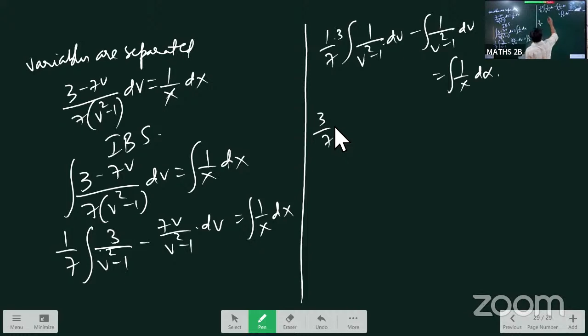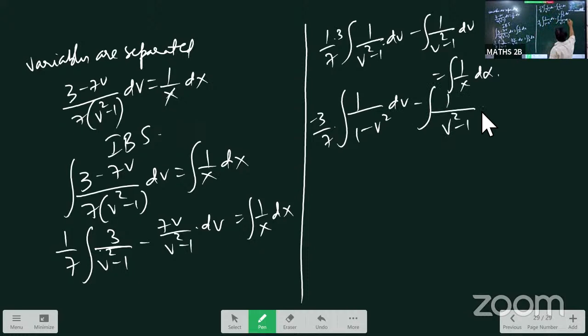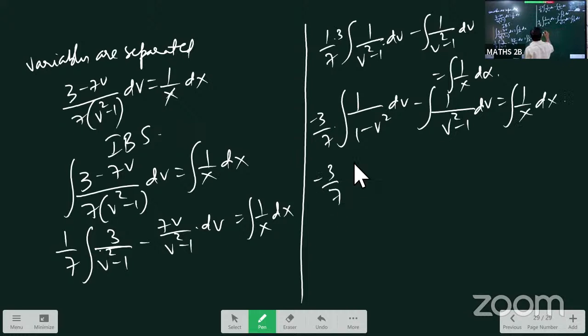So take minus common. Then this becomes integration of 1 by (1 minus v square) dv, minus v by (v square minus 1) dv, equal to integration of 1 by x dx. Now minus 3 by 7, 1 by 2a log of (a plus x) by (a minus x).